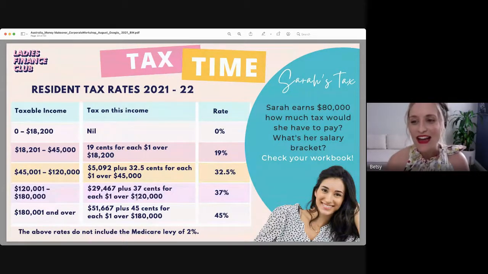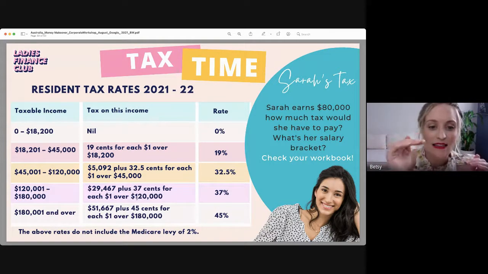So working out how much tax you're going to have to pay, please refer to your workbook. There's a great little tool in there. Now we've got the tax rates. The interesting thing is that, say you're earning 120,000, then you don't just pay that flat rate of 37% across everything you earn.